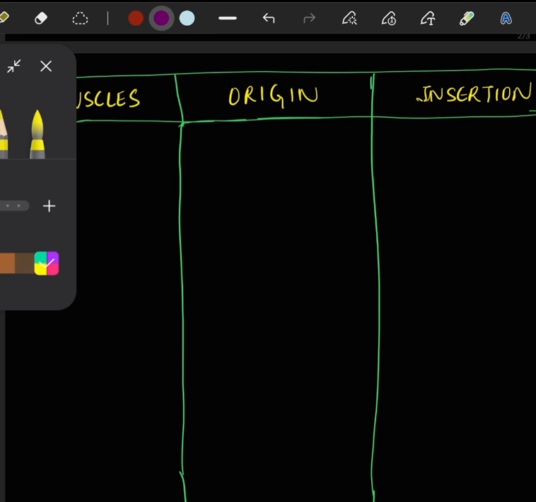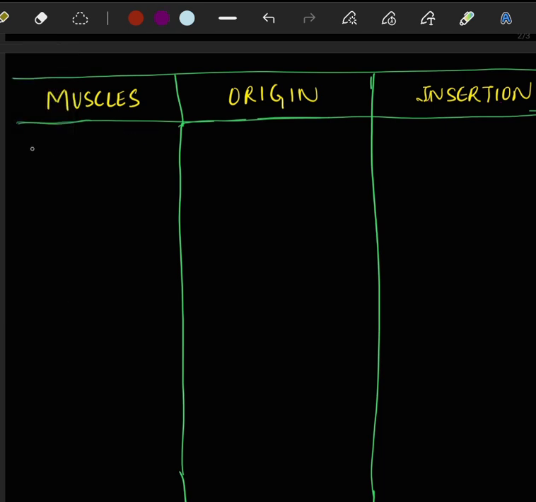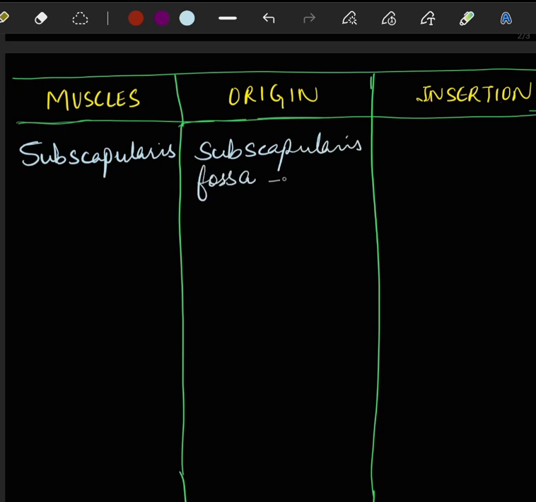So muscle, we have subscapularis first. Origin was from where? It was from subscapularis fossa of scapula bone. Insertion was at lesser tubercle.